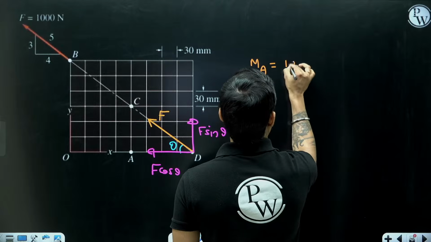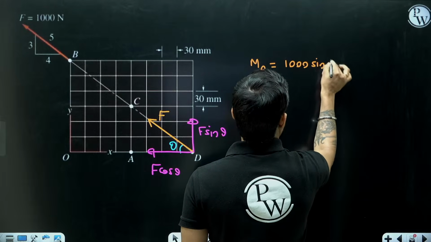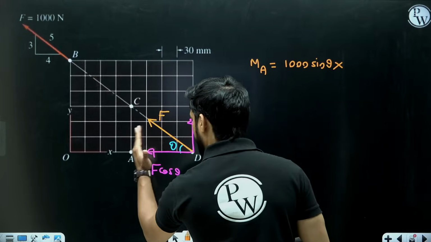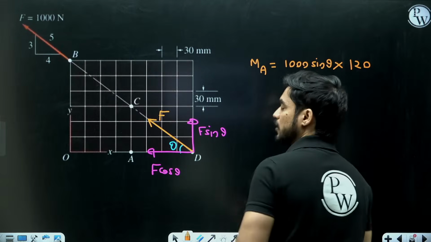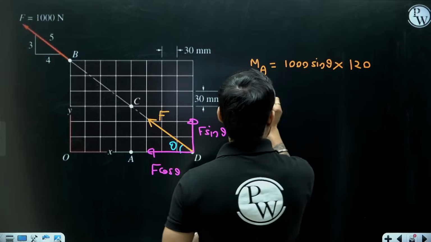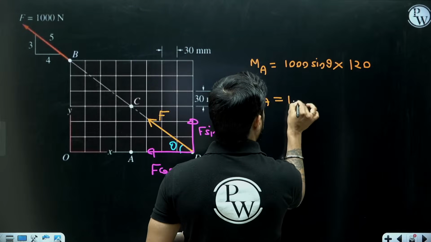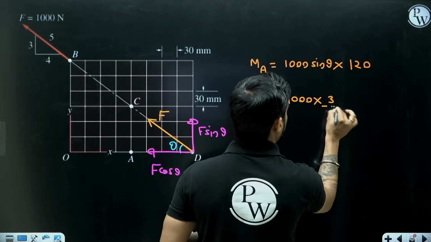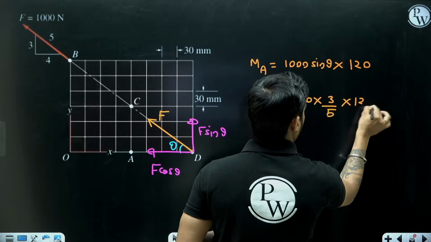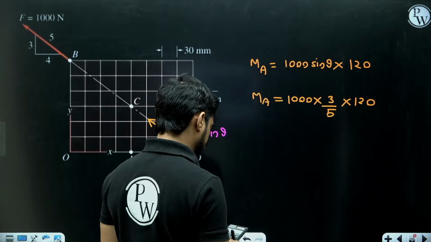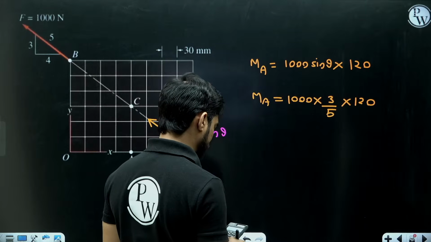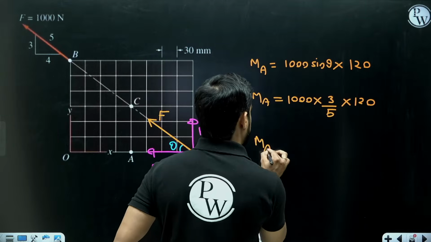So it will be 1000 sin theta multiplied by 1, 2, 3, 4, so 120, 4 into 30. And sin theta is 3 by 5. So 3000 into 120 divided by 5. I am still getting the same value.